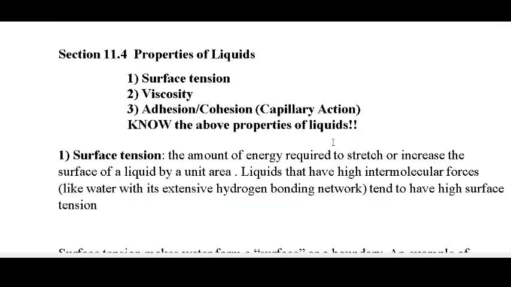Let's take some time to discuss the properties of liquids. So I'm not going to go into incredible detail here, but these are a couple of things that liquids have. So liquids have a surface tension, which basically means that liquids at the surface have a little bit of a stronger interaction than in the bulk liquid phase.